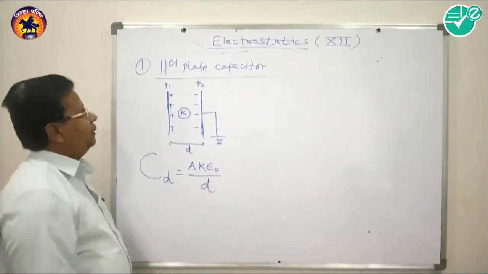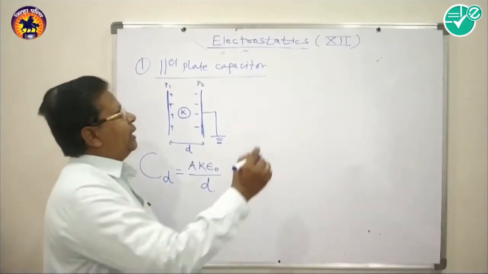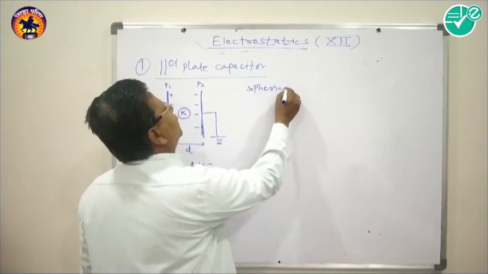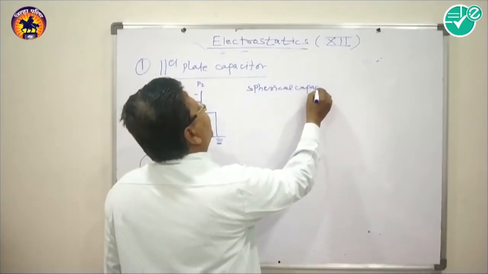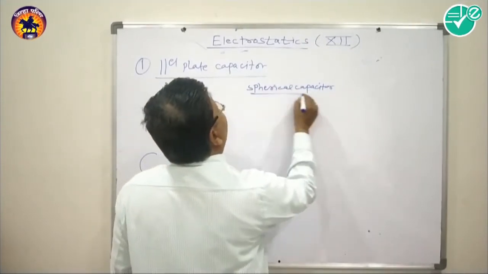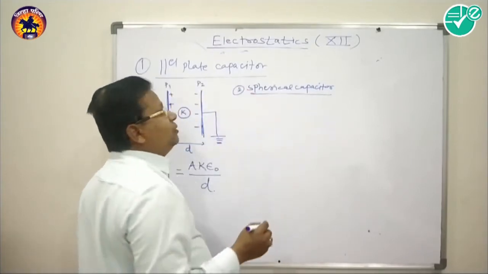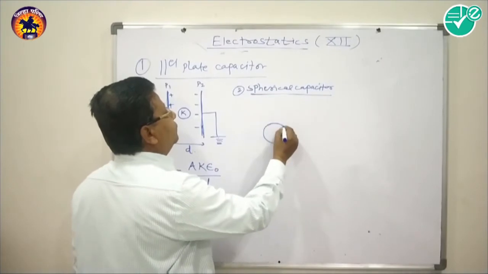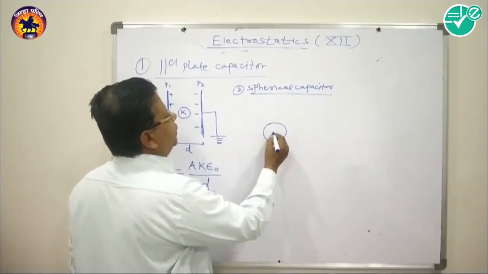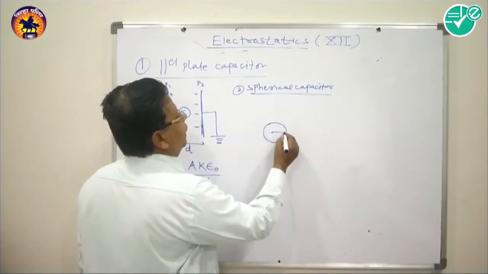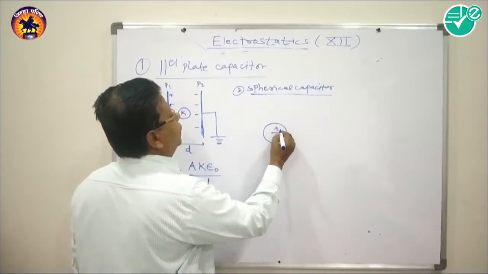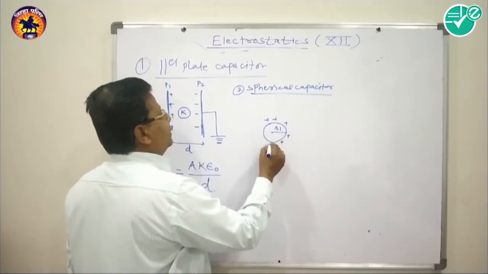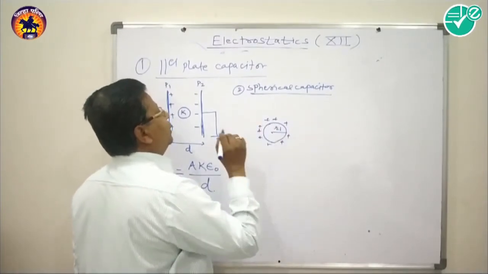Now the second type we have discussed is the spherical capacitor, which is formed by two spheres. One sphere, the inner sphere, has radius Ri and charges are deposited on it.